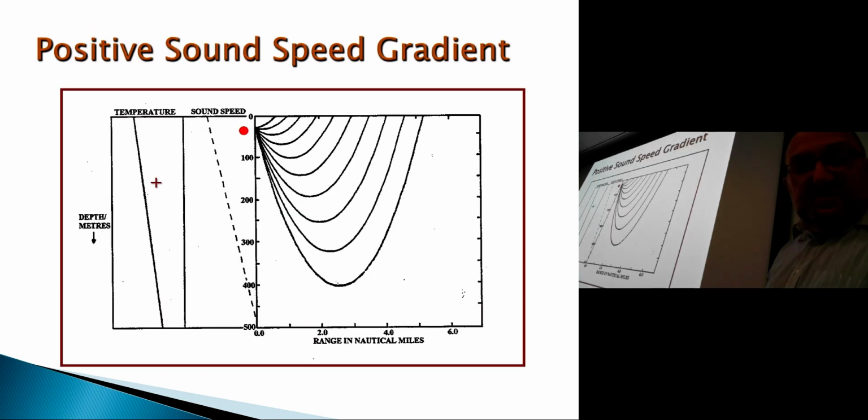So we've got a sound source there. You can see that temperature is increasing with depth. So our sound speed will increase rapidly with depth, because you've got two things acting on it, temperature and depth itself. So any sound you transmit into the water will try and bend back up rapidly.